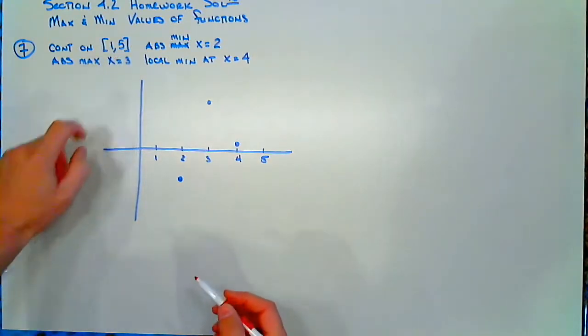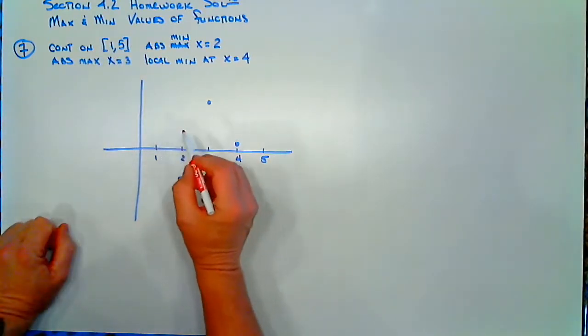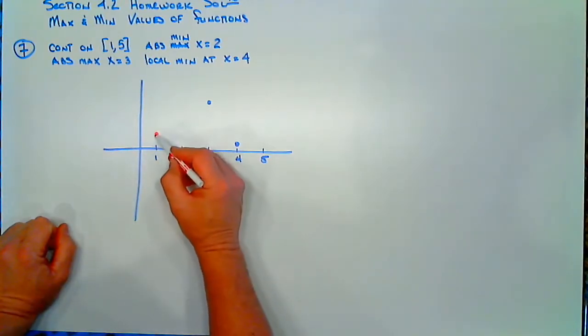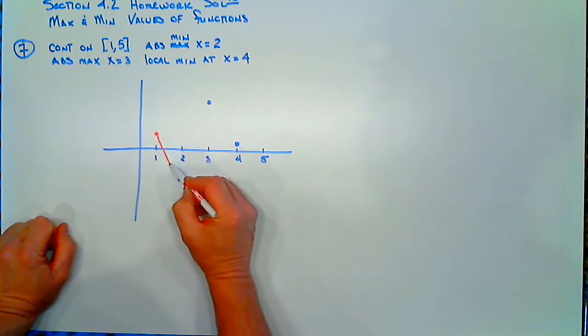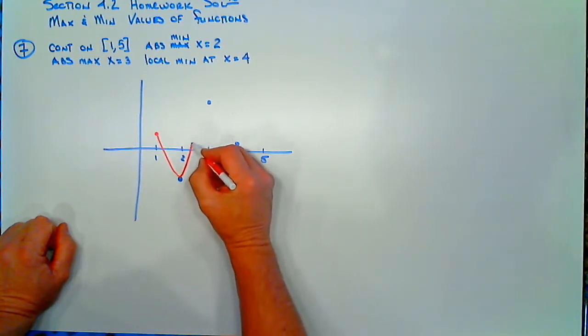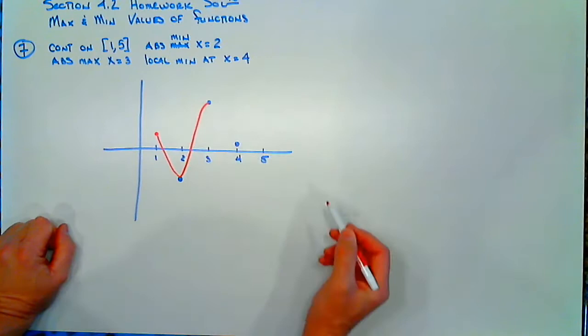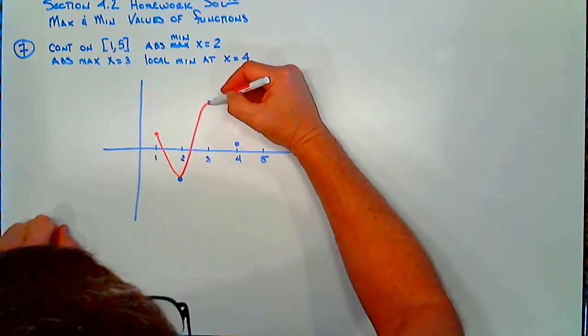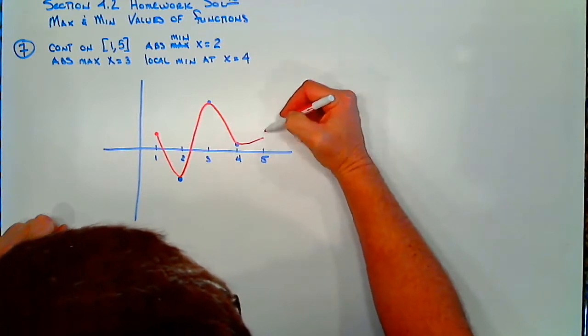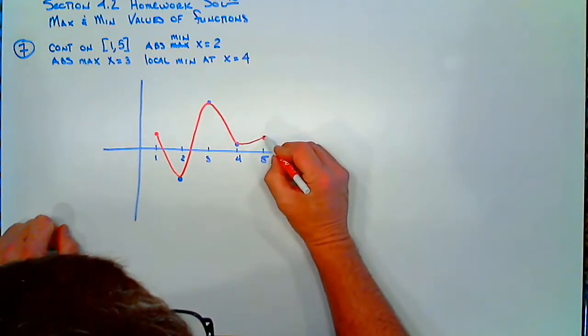So 1 and 5 are closed. So where am I going to start? Well, I'll start here, and I'll come down to my absolute min, and then I'll come back up to my absolute max, and then I'll come down to my local min, and then I'll just come over here, and we'll stop at 5.